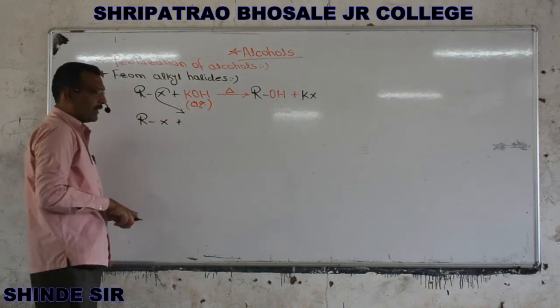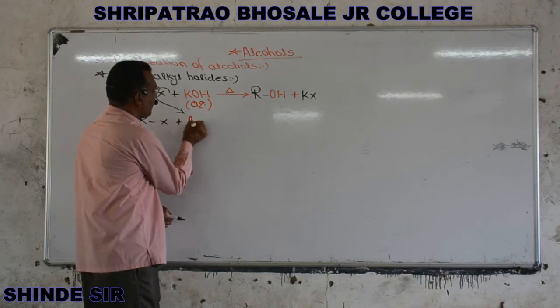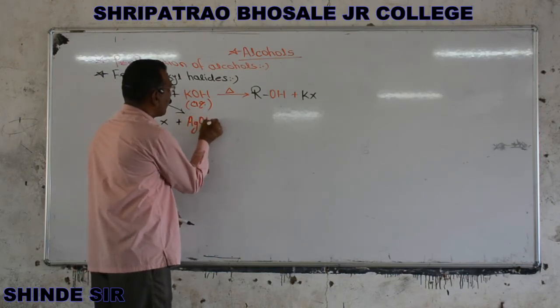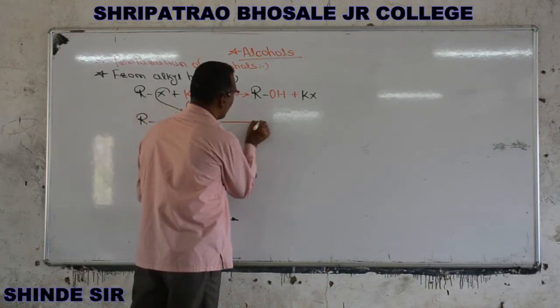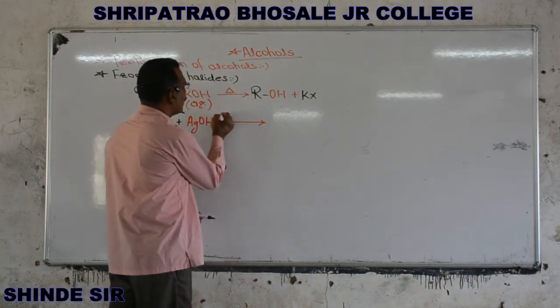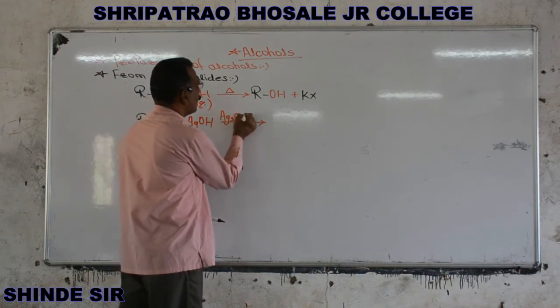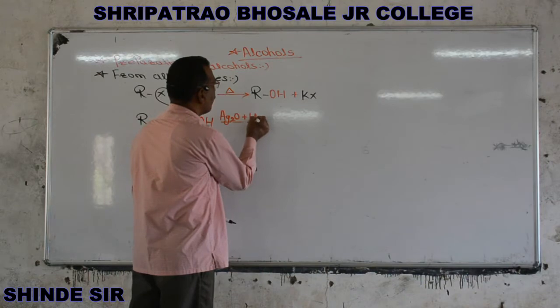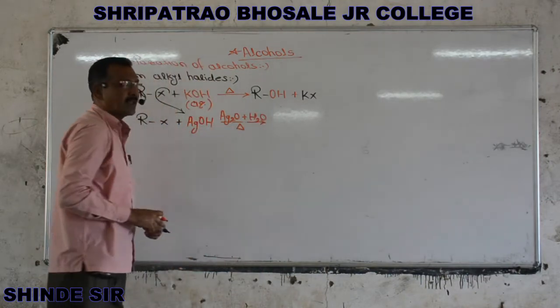When alkyl halide is heated with moist silver oxide, silver hydroxide is formed. The condition is moist silver oxide, that is, silver oxide suspended in water, and again heating.